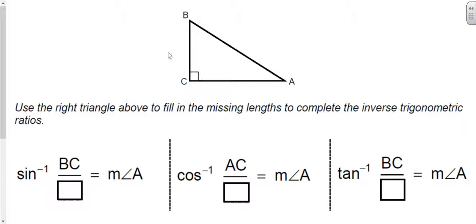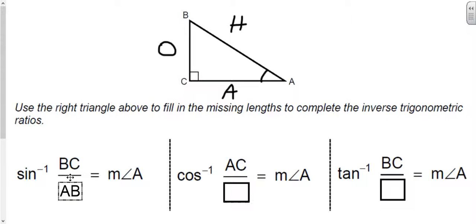If we label these sides with respect to angle A, here's the hypotenuse, I'll just put an H for hypotenuse. With respect to angle A, over here would be the opposite, side BC. And that leaves this as adjacent. So again, what do I want to input into inverse sine? The opposite side, which is BC, over the hypotenuse, which is called AB or BA. So this is for your notes.